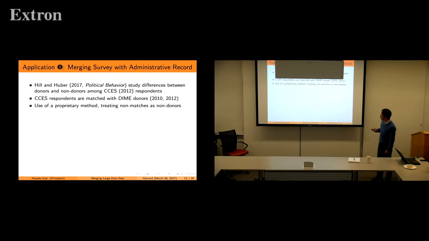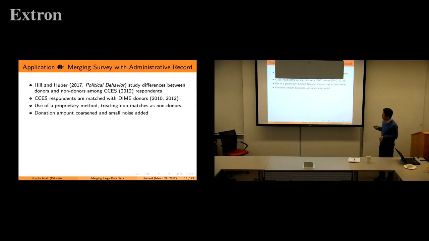The CCES uses a proprietary method and basically treats non-matches as non-donors. But again, this might be problematic if you actually miss some matches, right? Those people may have donated money, but they weren't matched, and hence were treated as non-donors.